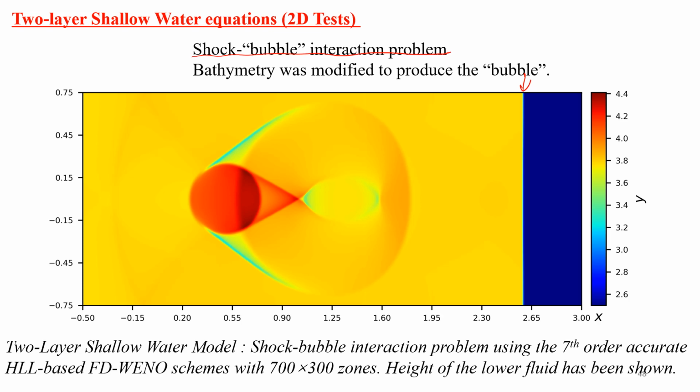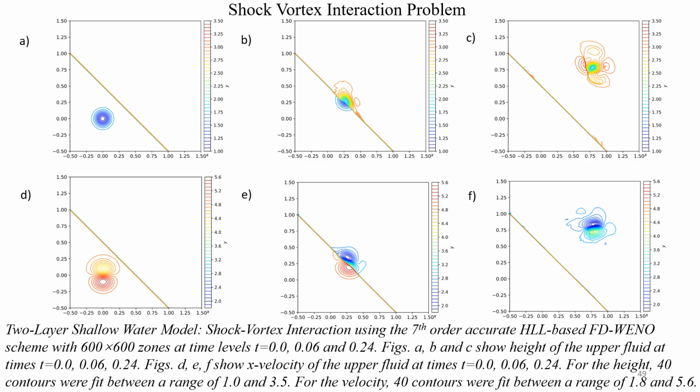So this is for two-layer shallow water equations, and we have another shock vortex interaction problem, again at early times, at intermediate times when the shock is interacting with the vortex, and at late times when the vortex has flowed right through the shock and is on the other side of the shock. Again we're showing the height of the upper fluid at these three different times: the initial time, the intermediate time when the vortex is interacting strongly with the shock, and the late time when the vortex has cleared the shock.